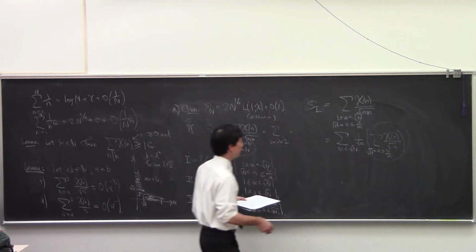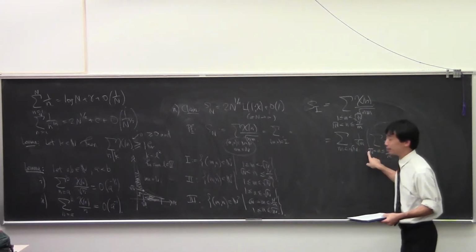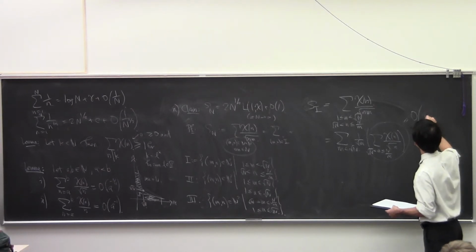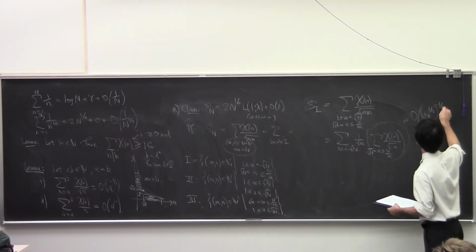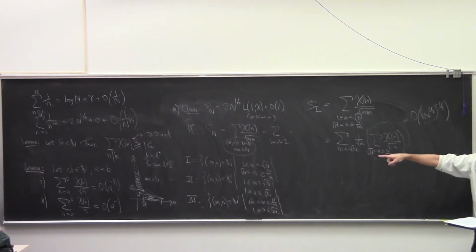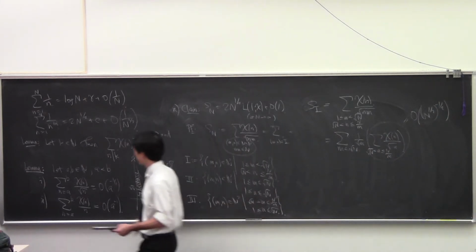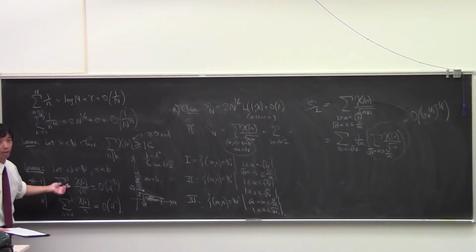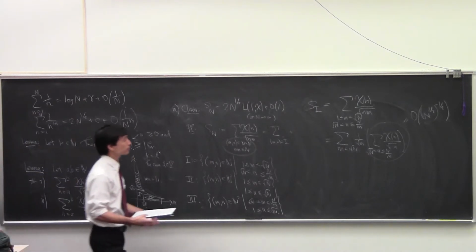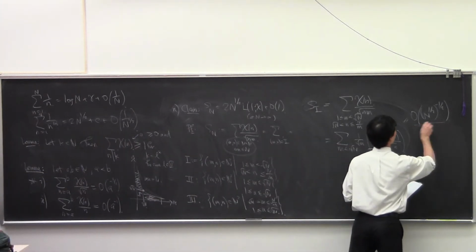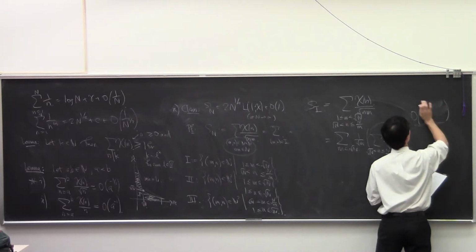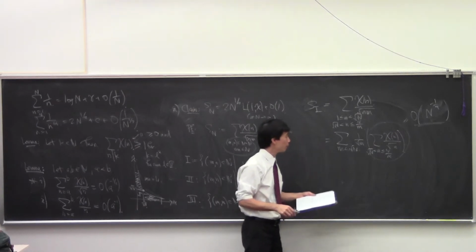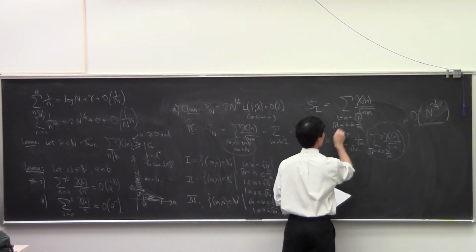This thing is on the order of root N to the minus half, by number 1, because we're summing from root N upwards. So this thing is on the order of N to the minus 1/4.